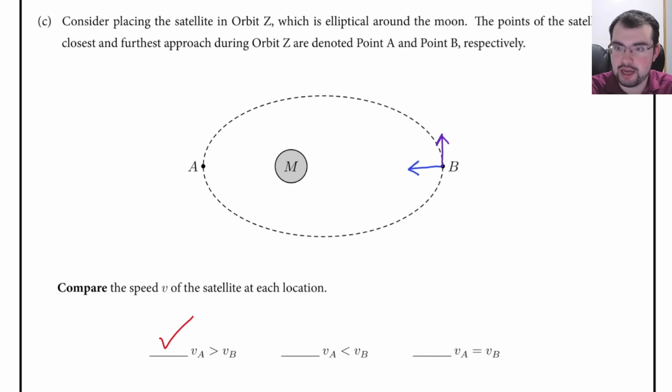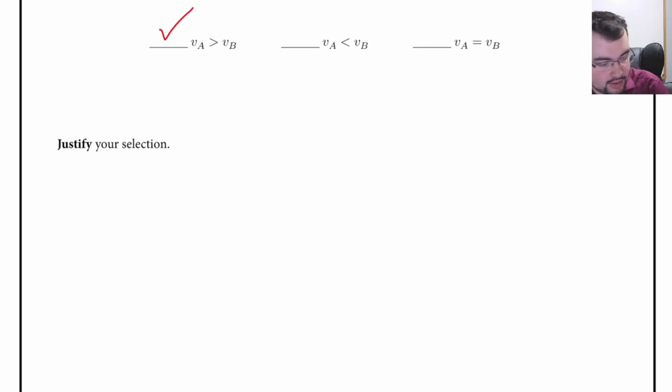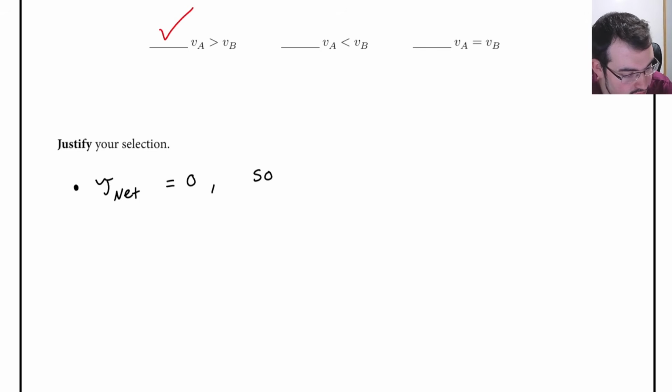So when I do my torque, I'm getting no net torque exerted on the satellite. This is the standard solution. I would say that the torque caused by gravitation is 0. Sorry, I'll say the net torque is equal to 0. So this means angular momentum is conserved.